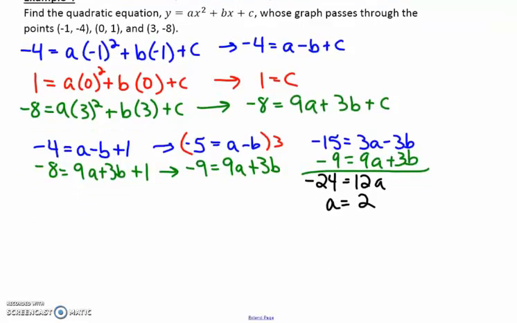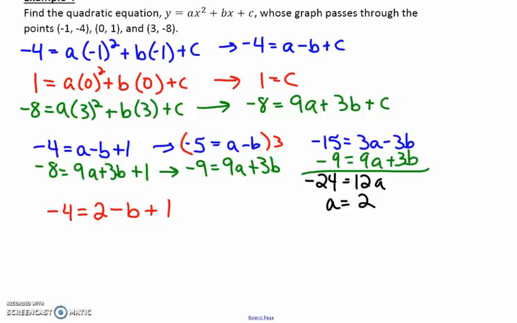Let's just move that up a little. So we can plug that into, let's go with our original. So -4 equals a, which is -2, minus b, which we don't know yet, plus c, which we know is 1. And so then subtract the 1.